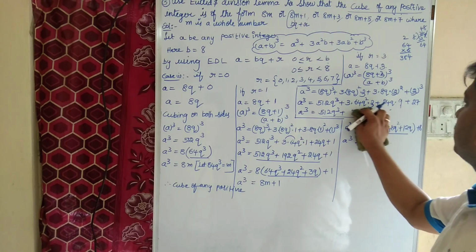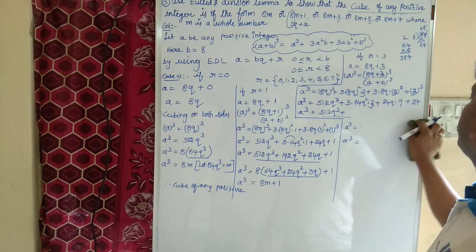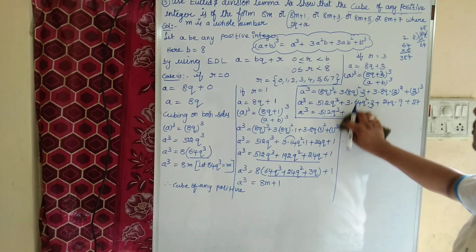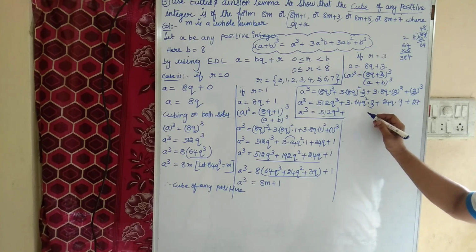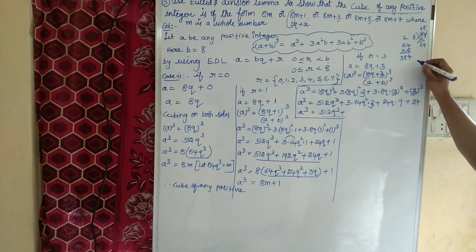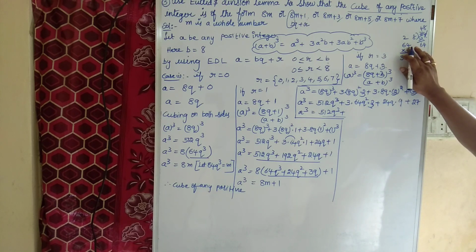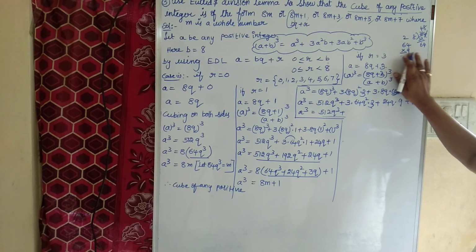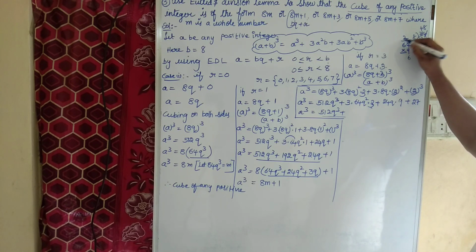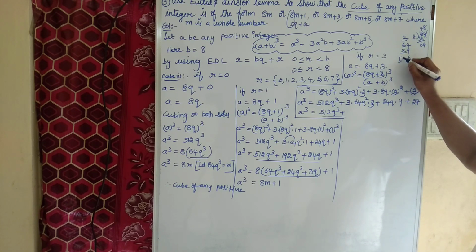So let us see here, because we got 8m plus 8, that is not our case. 64 into 3, let us do. 64 3s are, 3 3s are 9. 64 into 9, 9 4s are 36, 9 6s are 54 plus 3 is 57.